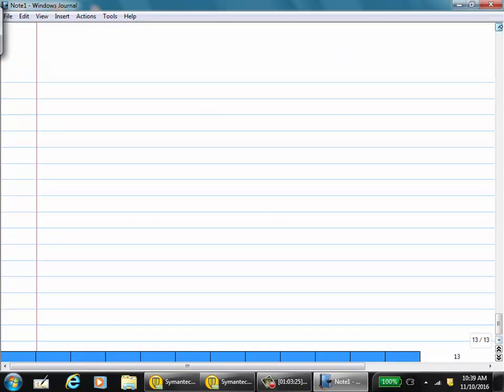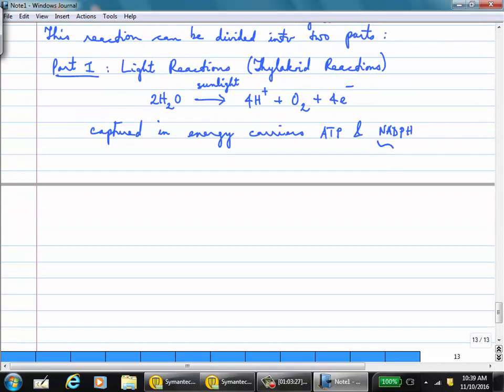This ATP carries energy in its high energy phosphoanhydride bonds. NADPH carries energy in the high energy electrons, and provides high reducing power.